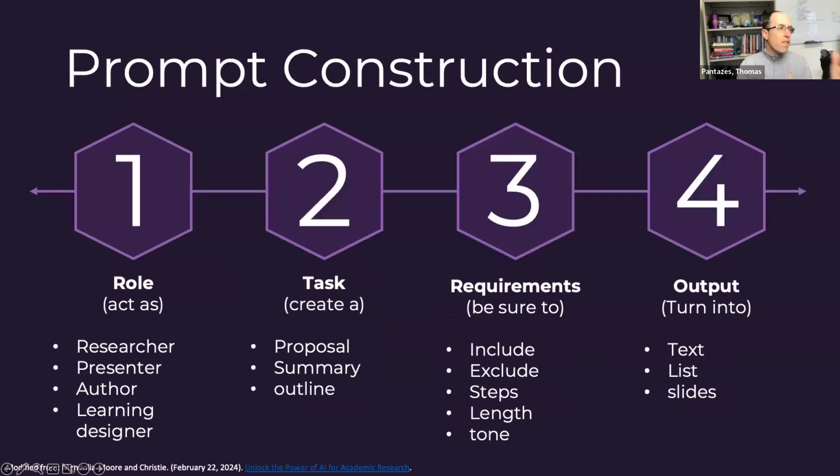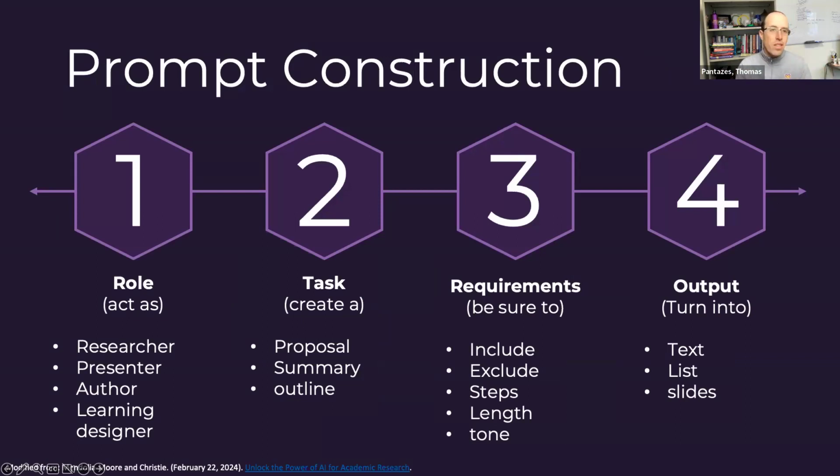So that first step on the previous slide was one of drafting an outline or maybe coming up with a research question. And that's something that you can ask a tool like ChatGPT to do. So what you see on the screen is a little bit of a prompt framework that can help you develop the prompts that go into the AI tool.